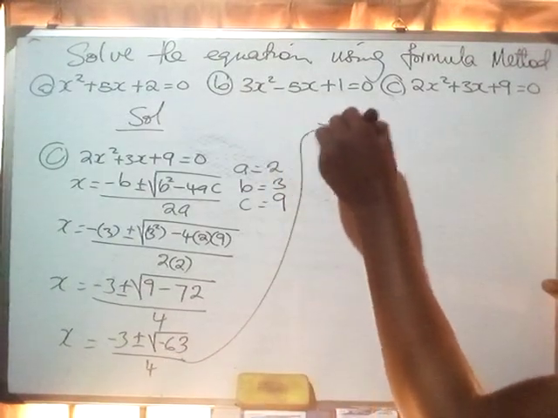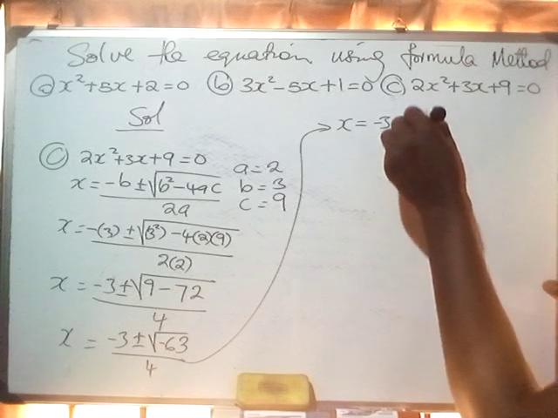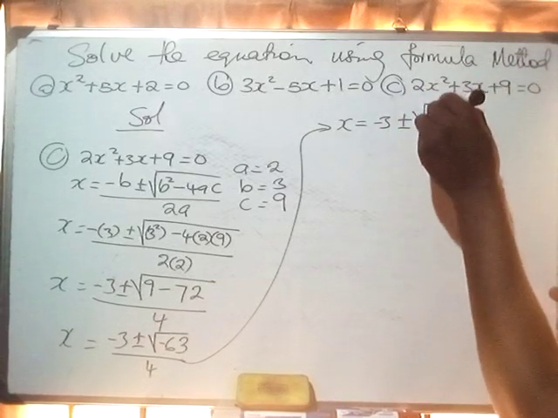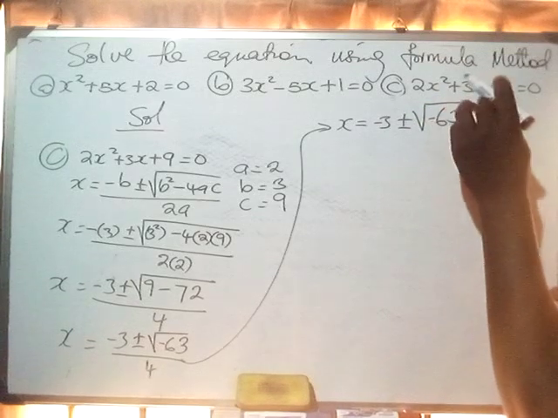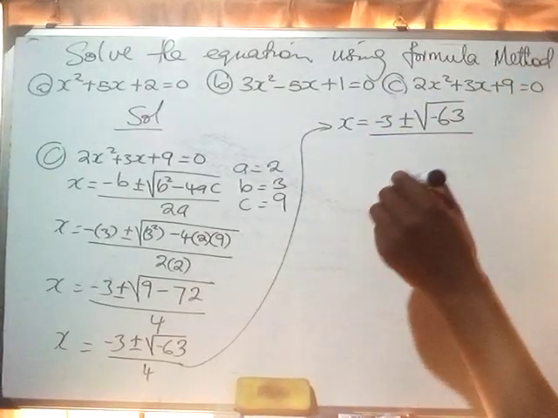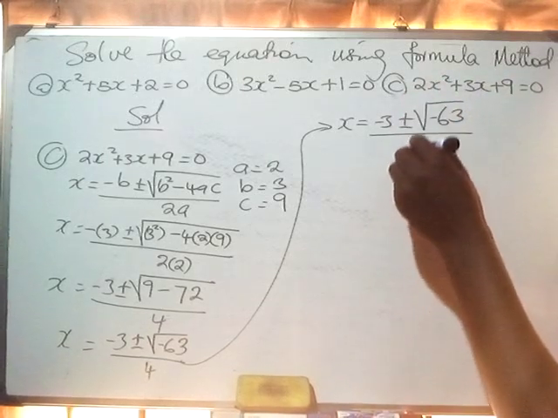So we continue. x is equal to negative 3 plus or minus the square root of negative 63 over 4. We can't find the square root of negative 63.